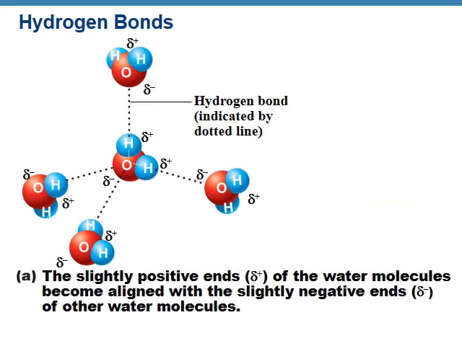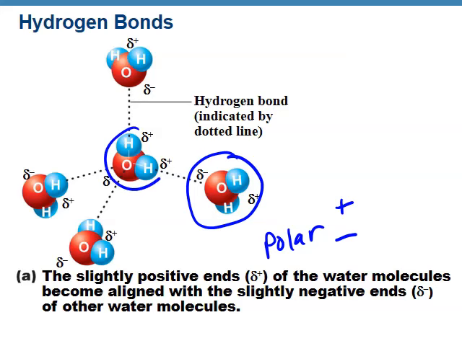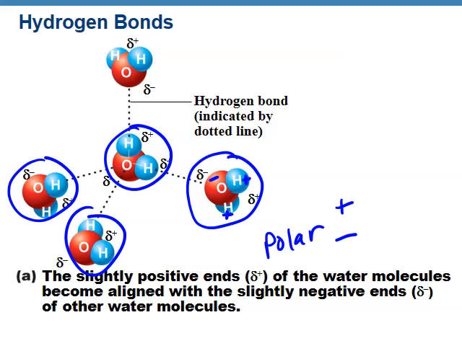The last bond that we need to talk about is called a hydrogen bond. So when we do have polar molecules, what did we say polar was? One side's positive, one side's negative. So these are examples of polar molecules here. So this side is the oxygen and it's slightly negative, and these sides are the hydrogens and they're slightly positive. So what happens with hydrogen bonds, they usually draw them in this dotted line here.